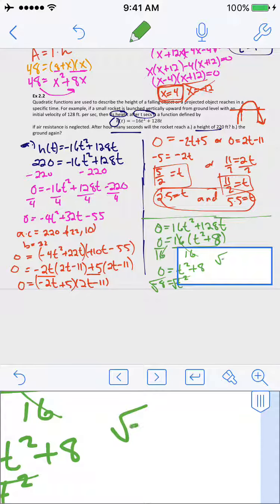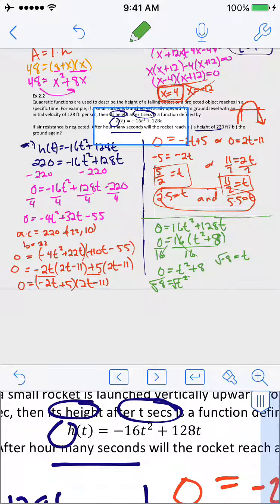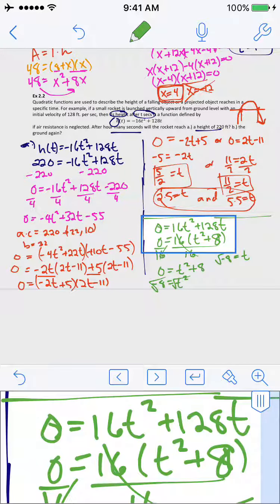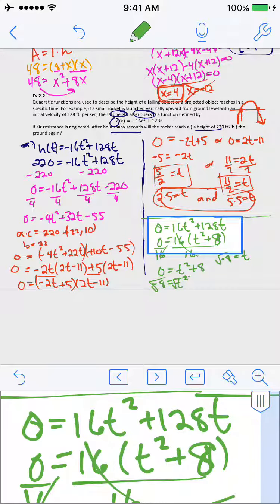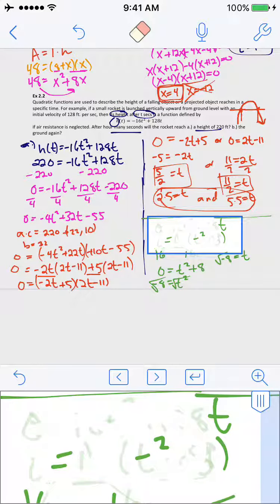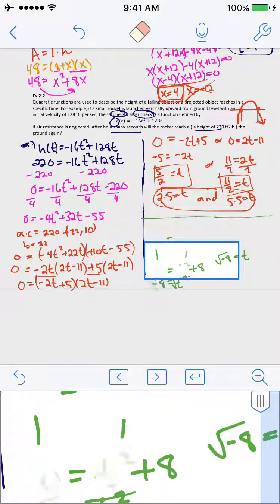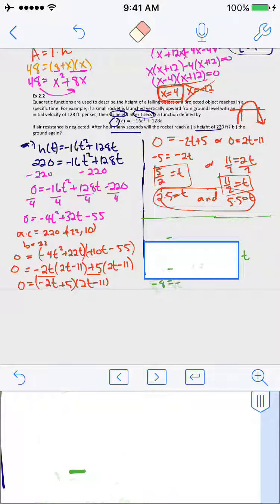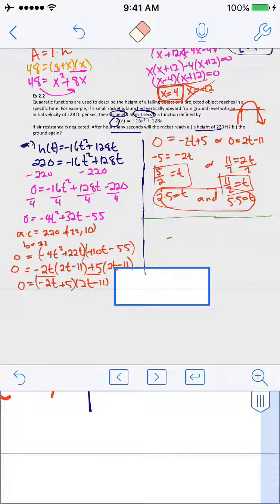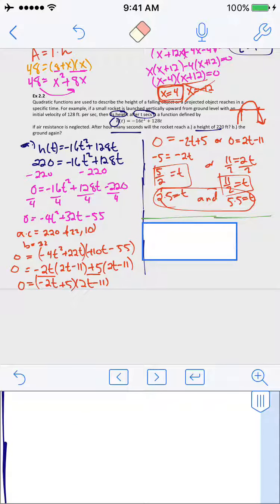I get the square root of negative 8 is equal to t. Sorry, hold up, I dropped a negative. Let's try that again. See what happens when you drop a negative? You get things that don't make sense.